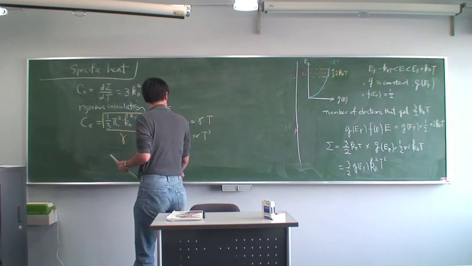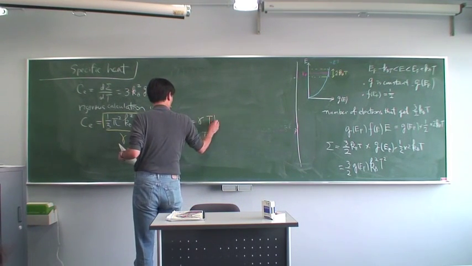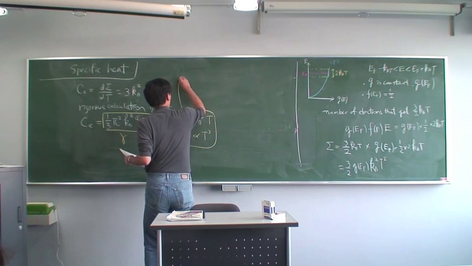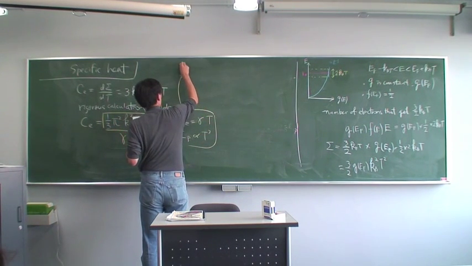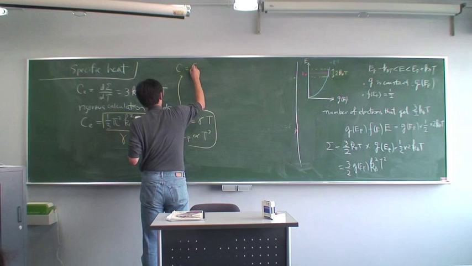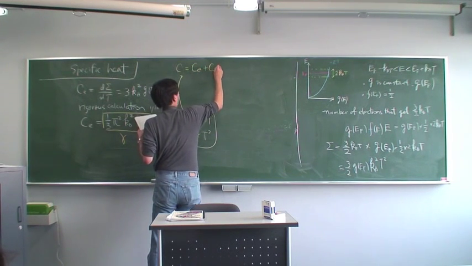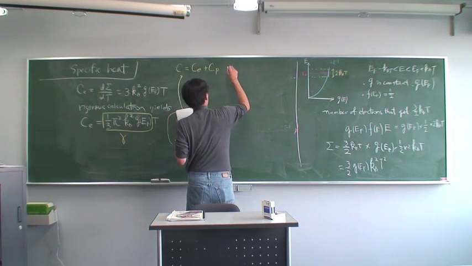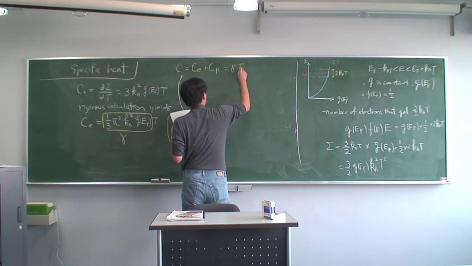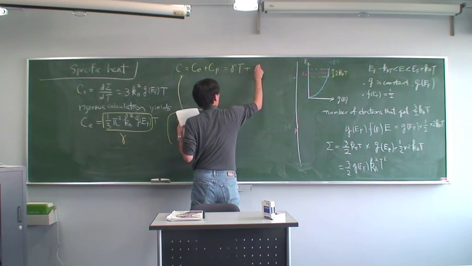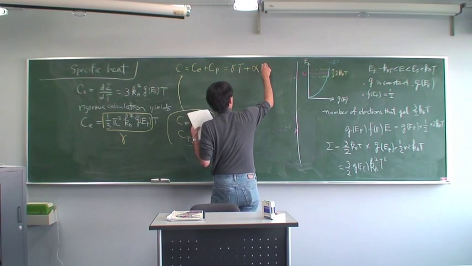And because of these two terms, C equals CE plus CP, which is gamma T plus alpha T cubed.